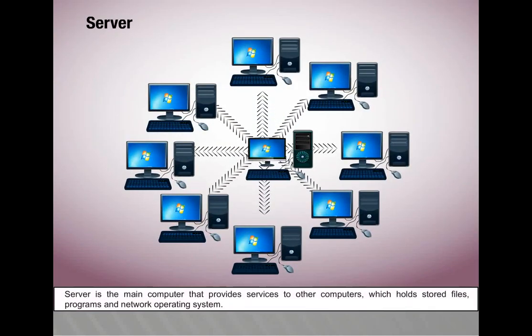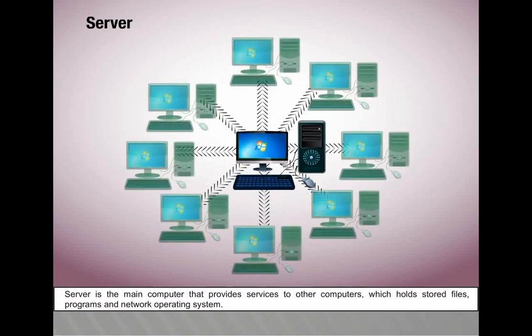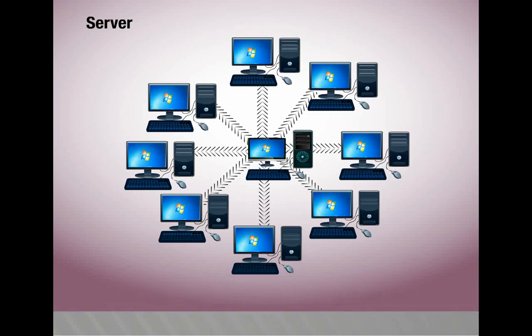A server is a main computer that provides services to other computers, which holds stored files, programs, and network operating system. This is the administrator that controls the functioning of other computers and is responsible for the division of labor among computers in a shared network.